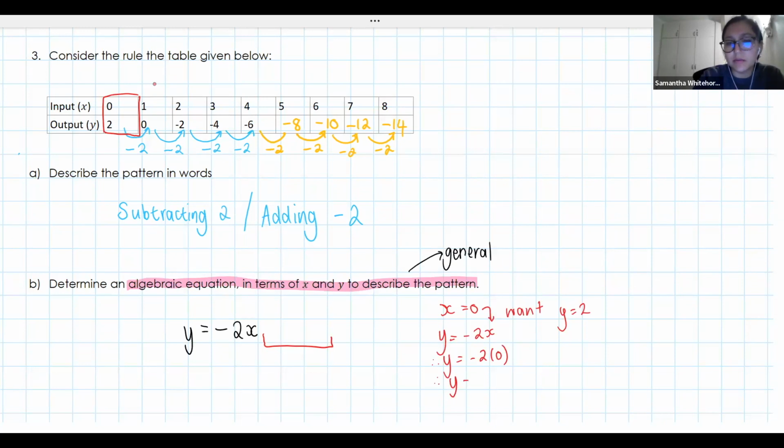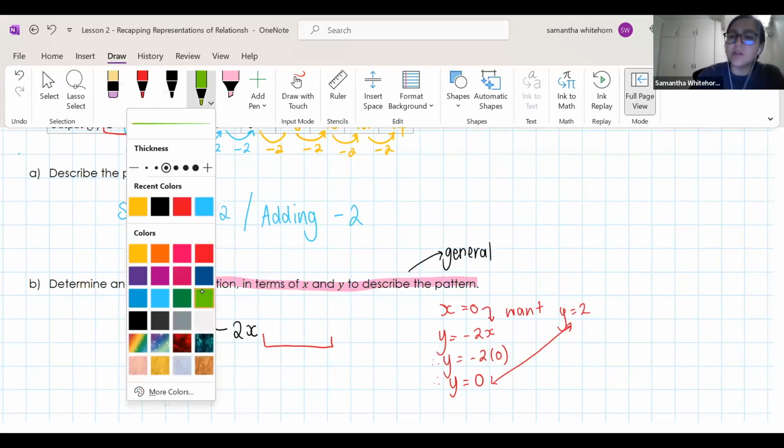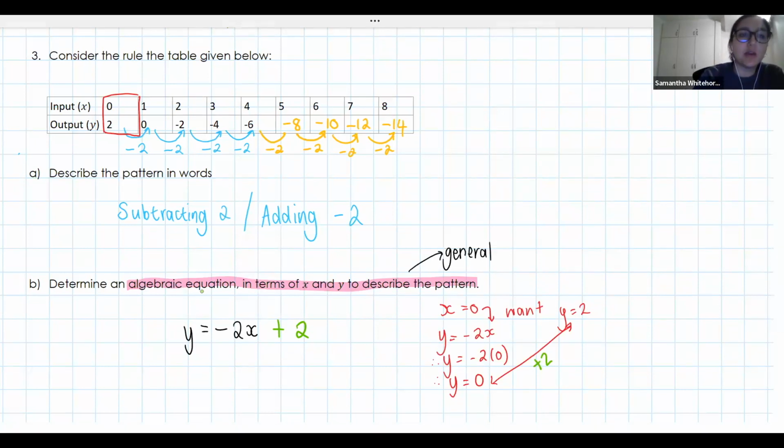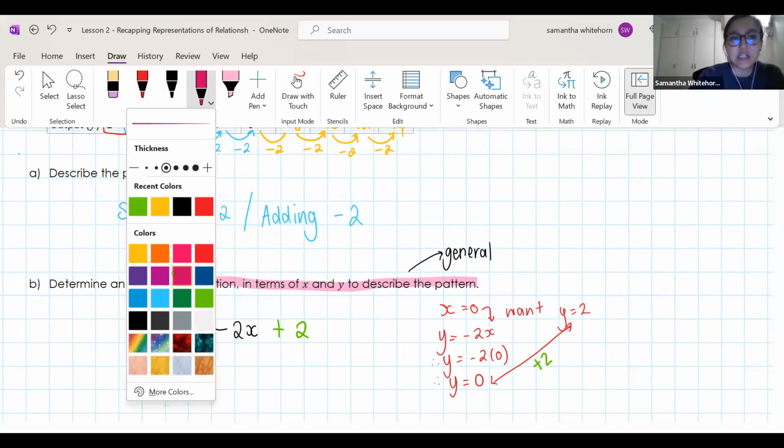Well, we know that 0 times anything is 0. So right now I'm getting a y value of 0, which is not what I want. So I've got a bit of a problem there. But that's all right. All I do is I ask myself, how do I get from 0 to 2? I add 2. So that's probably going to mean that my rule needs to be -2x plus 2. But then we double check ourselves. We always want to make sure that whatever we've added or subtracted is actually correct.